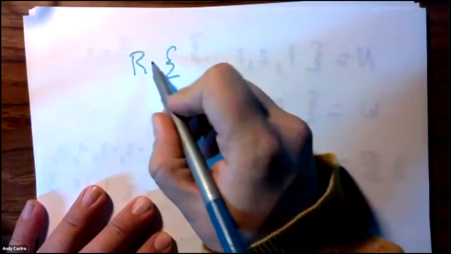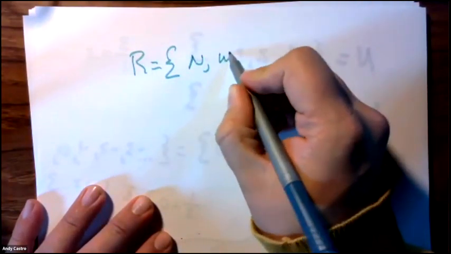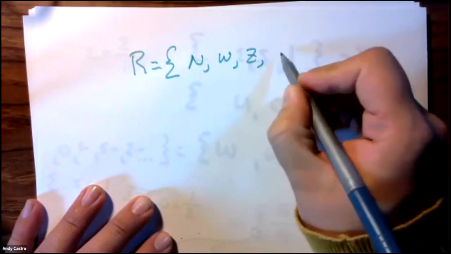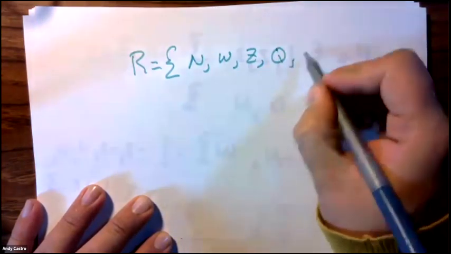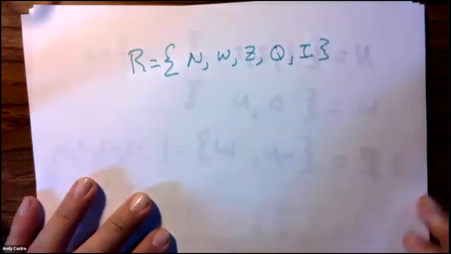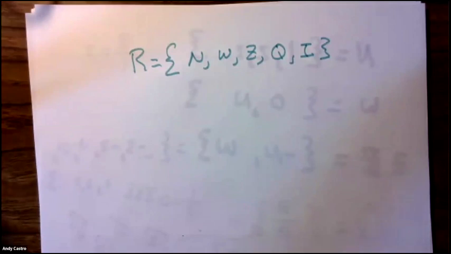All right, then we talked about real numbers, and real numbers incorporate all of them. So they contain the natural, the whole, the integer, the rational, the irrational, so on and so forth. So I'm going to show you a little graph that I like to use when looking at these. I find it kind of helpful for myself.